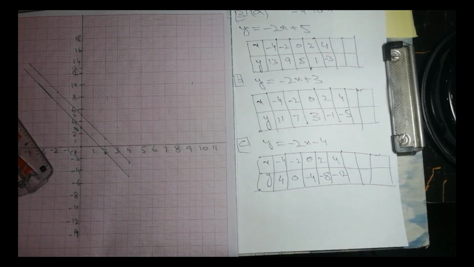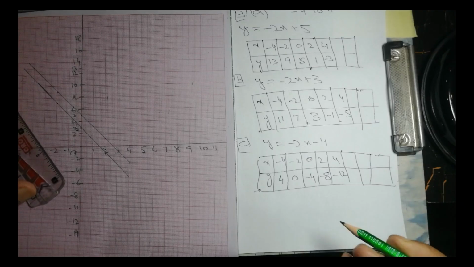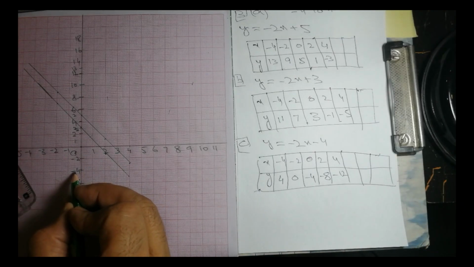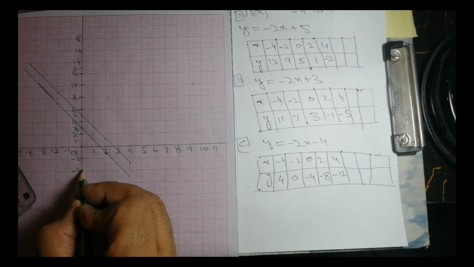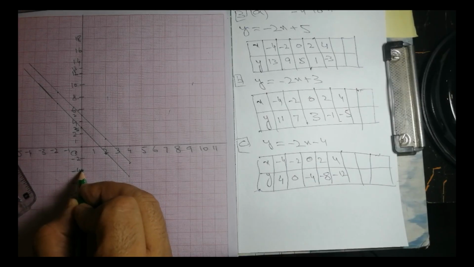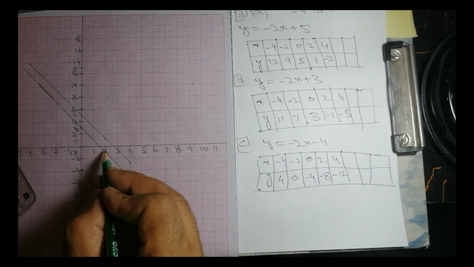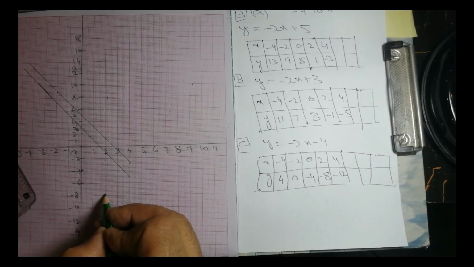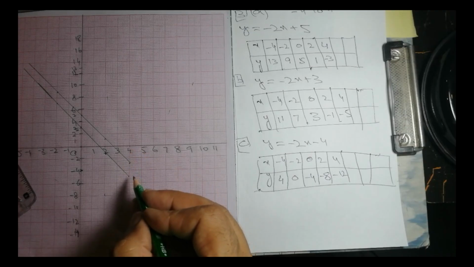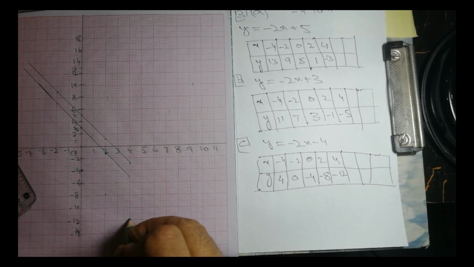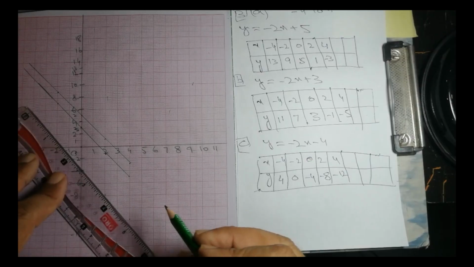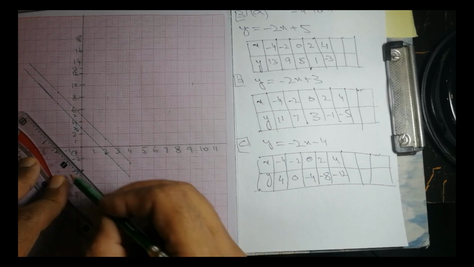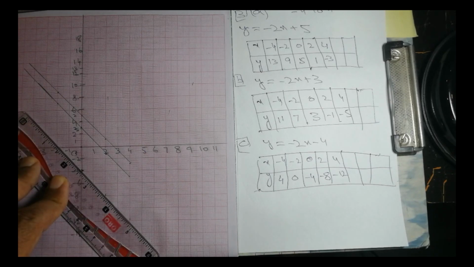If we draw the points, 0 and y minus 4 is this one. 2, minus 8 is this one, and 4, minus 12 is this one. Even if we want, we can draw the line, and the other points will lie exactly on the same line which we extend here.